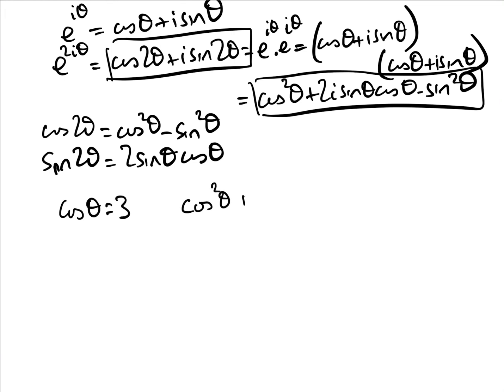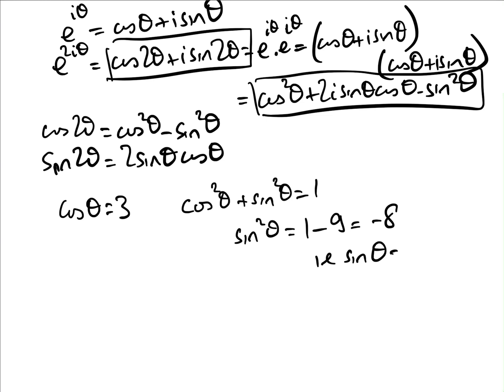Then we know that cos squared theta add sine squared theta equals 1, we know therefore that sine squared theta equals 1 minus 9, which equals minus 8, i.e. sine theta is equal to 2 root 2 i.